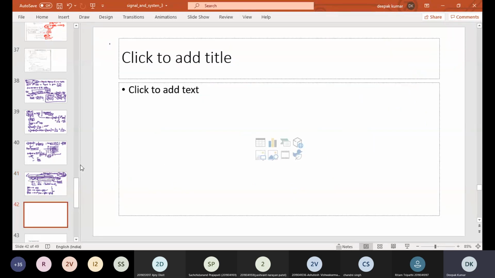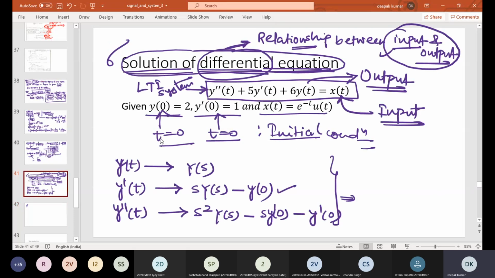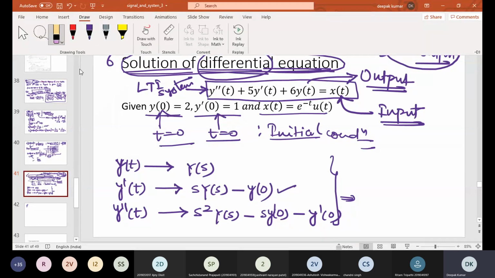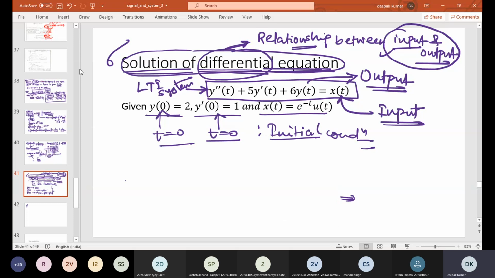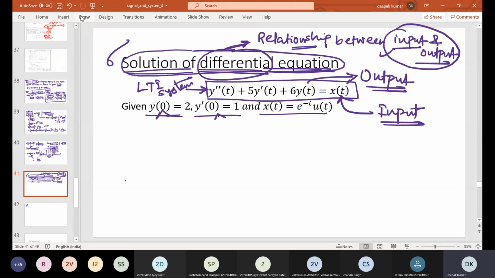The question is y double dash, sorry, let me write it.